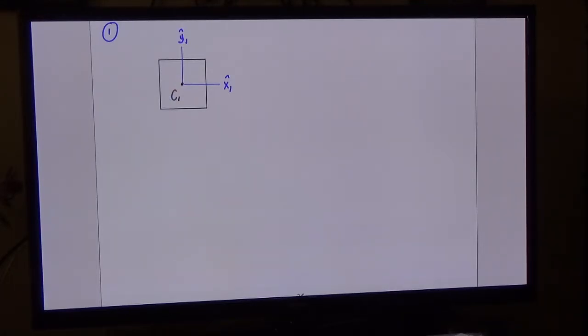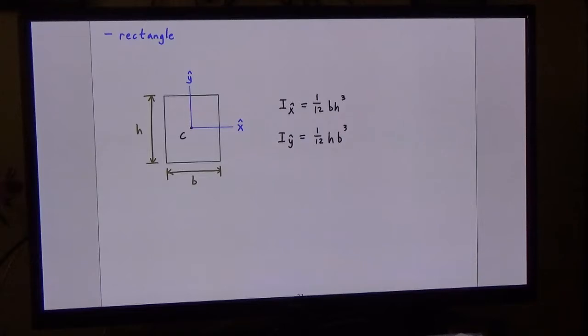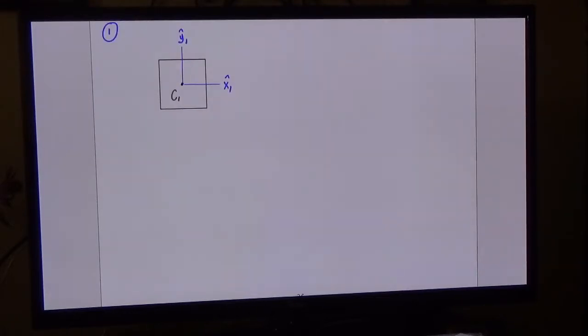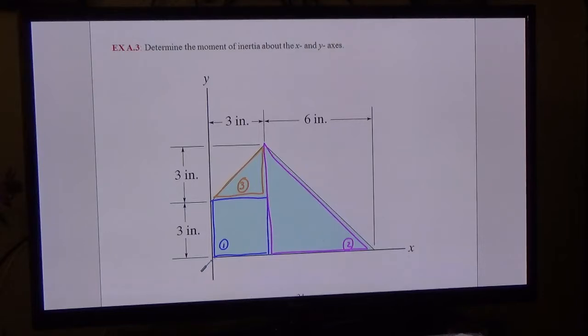So based on the body, what I want to do is compare it to my reference figure. For a rectangle, I need to know the dimension b and the dimension h. So for this particular part, part 1, I want to know what is its base and what is its height. So the base dimension is 3, the height is also 3.